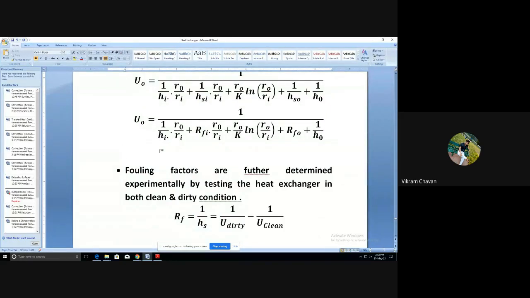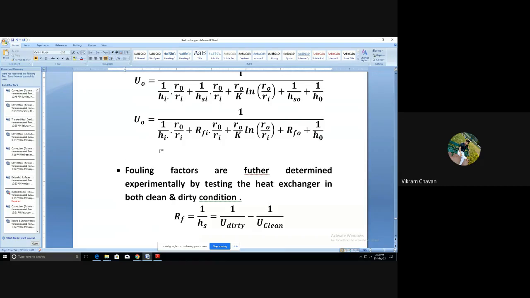That is nothing but U_dirty. Once that calculation is done, you have to clean up the heat exchanger. You have to remove all the dirt and scale formation on the heat exchanging surface area, and then calculate the overall heat transfer coefficient for the clean heat exchanger.